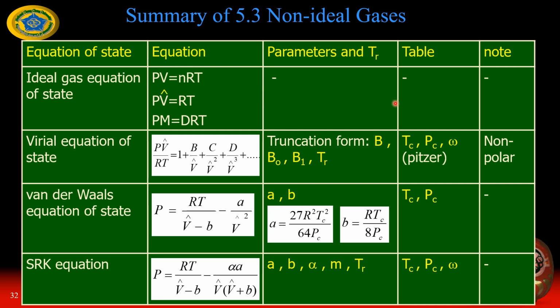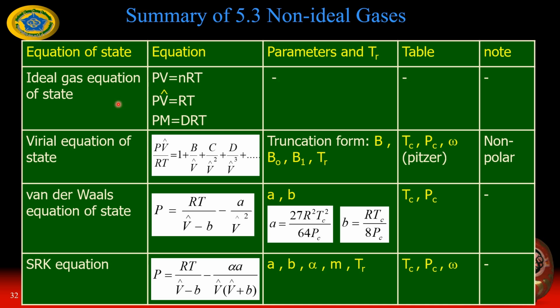So there's no parameter, there's no table, okay? But PV equal to nRT can become PV̄ equal to RT, where V̄ is volume divided by mole, right? So this is called V̄. And also, in order to know the density of the gas, this is the equation PM equal to dRT. Okay, so you need to know that this is the ideal gas equation of state.